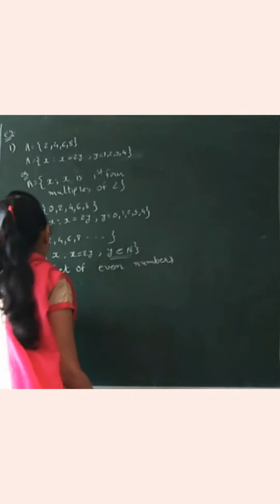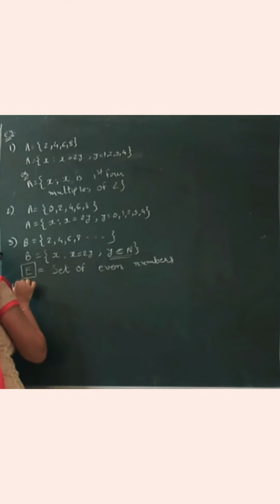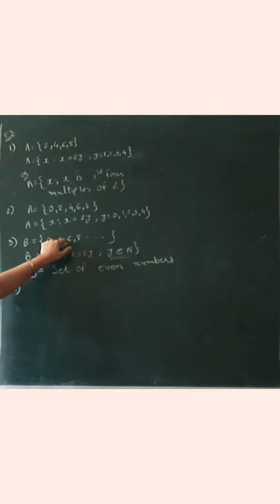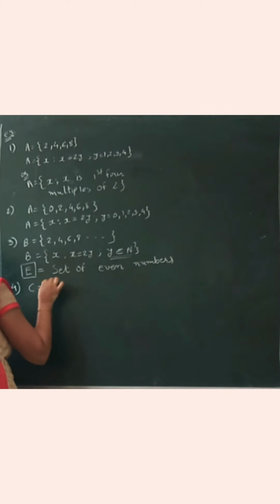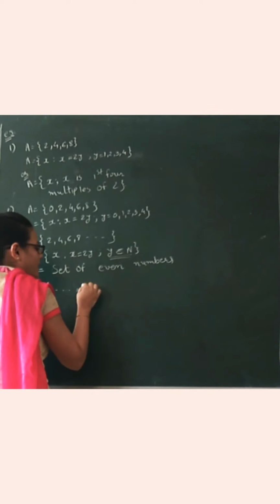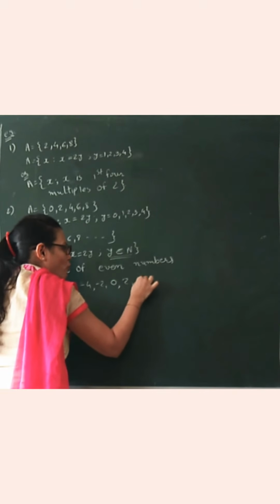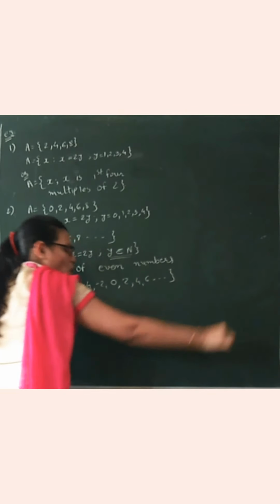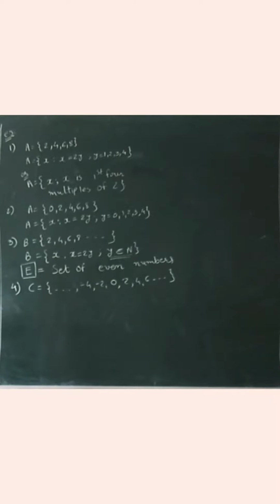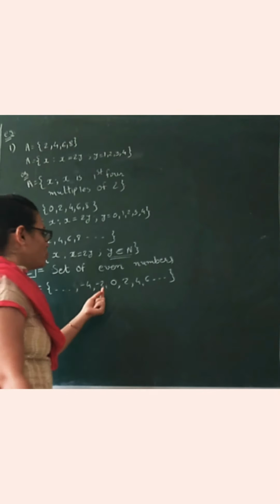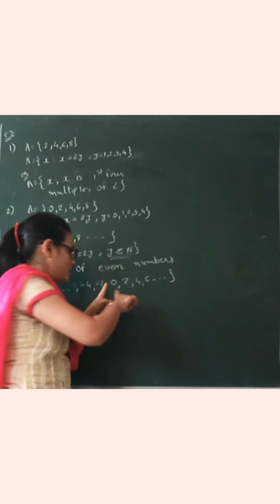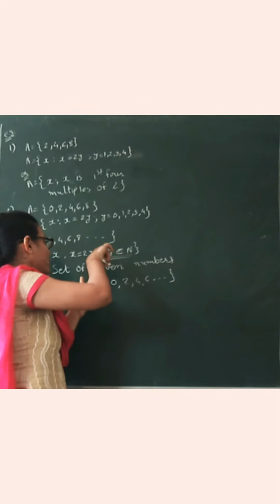Okay, I am doing a little more change in this. If I am supposed to write -4, -2, 0, 2, 4, 6, 8, and so on, what do I do? I am going to add 0, -2, -4 in this set.